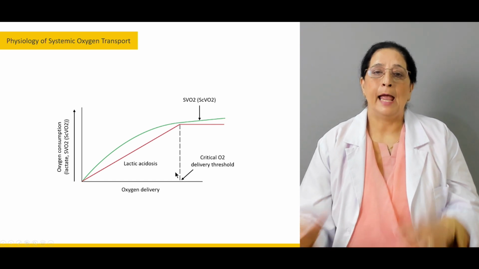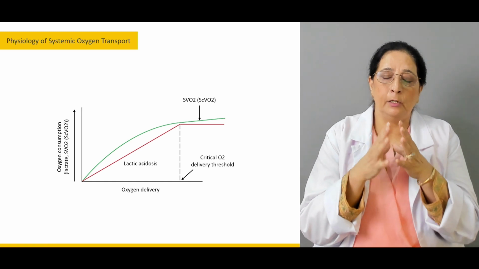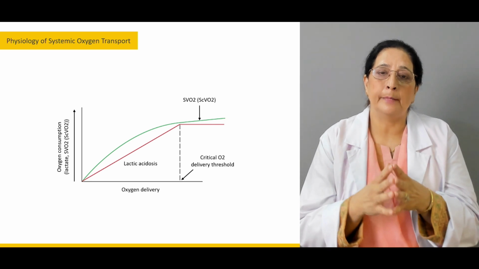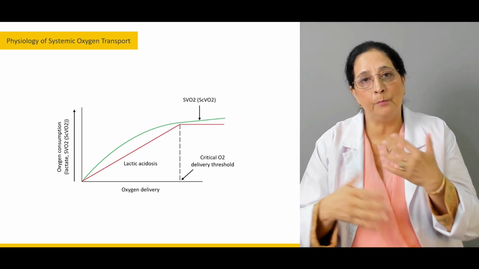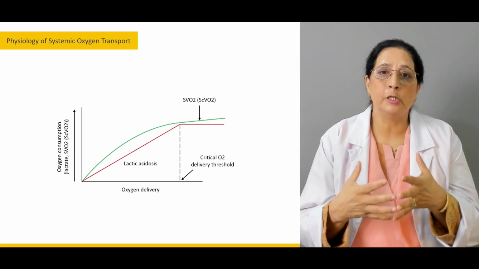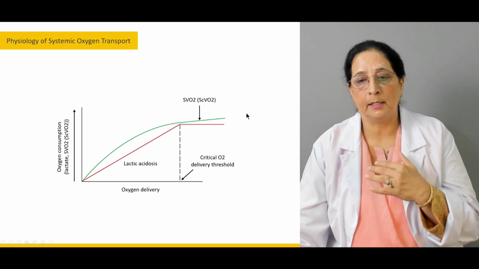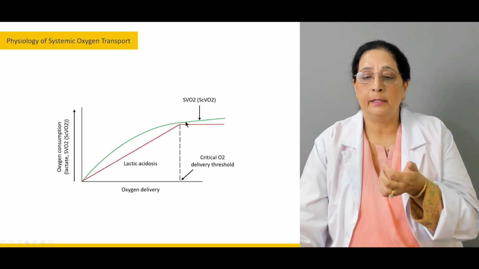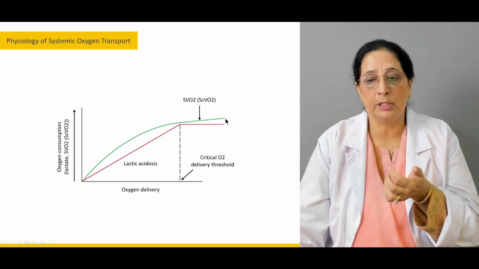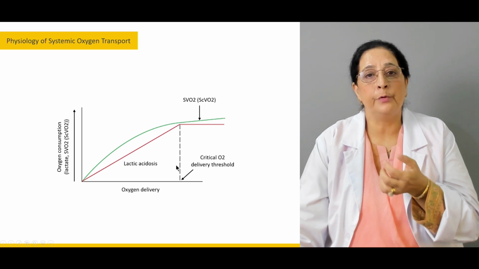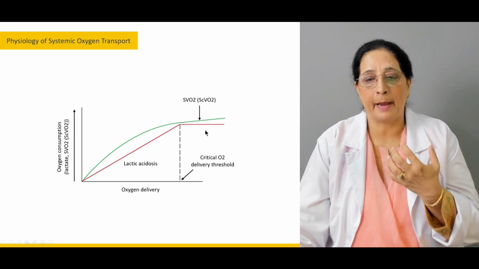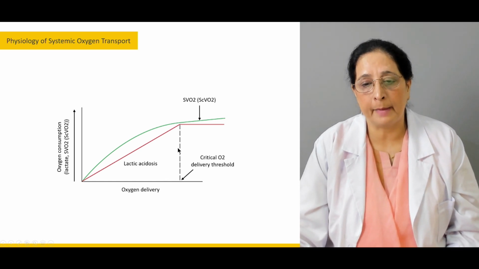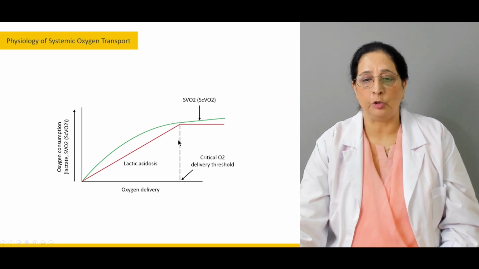So if you see, as a result of all these changes, as a result of sepsis, lactic acid builds up in the body, and this is metabolic acidosis. And once there is increased lactate, there is a decrease here. When the graph shows the venous oxygen concentration, that's the point where the delivery of oxygen is maximum, and that's the point where the oxygen should be delivered at the maximum level. So that's the threshold here.